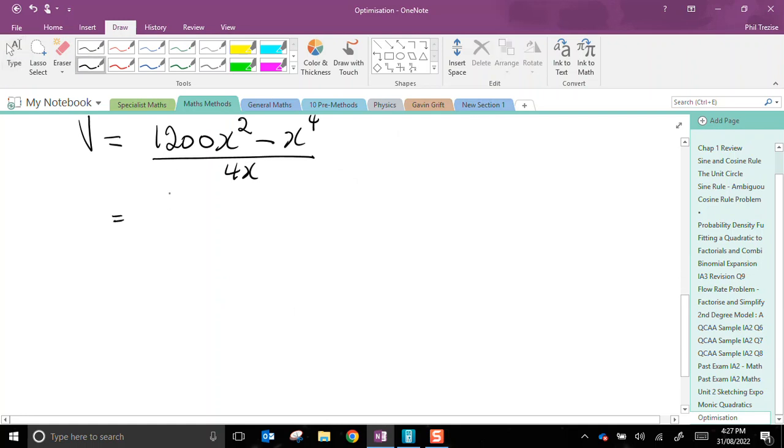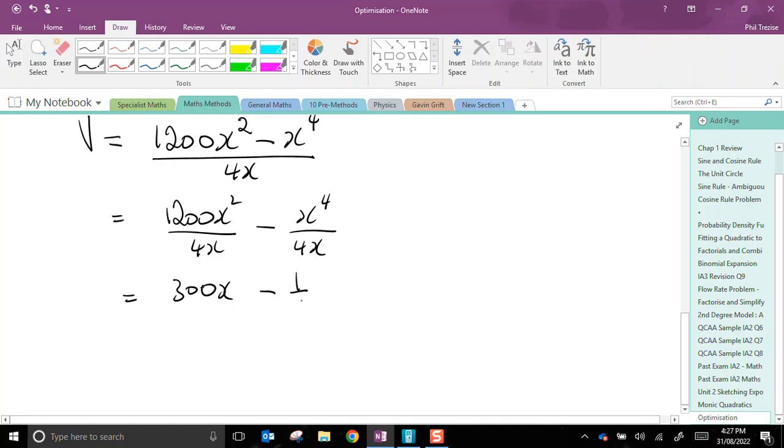Now that's the same as 1200 x squared divided by 4x minus x to the 4th divided by 4x. That makes my life better. So that's a 300x. And this bit will be a 1/4 multiplied by an x cubed.